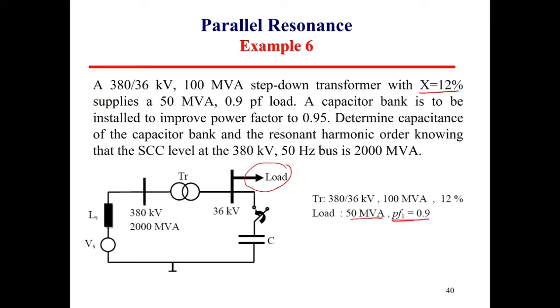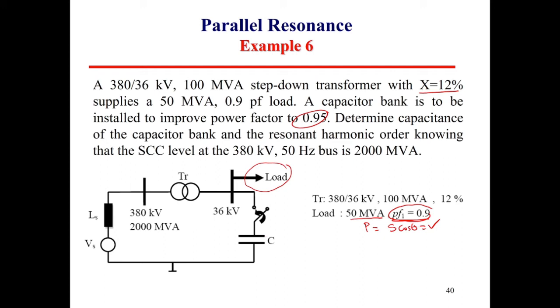at 0.8 power factor. So from here we can find P is S times cosine, so that will give us P. A capacitor is to be installed to improve the power factor to 0.95. So the initial power factor is 0.8, and now we would like to improve this power factor to 0.95 by placing a capacitor bank.